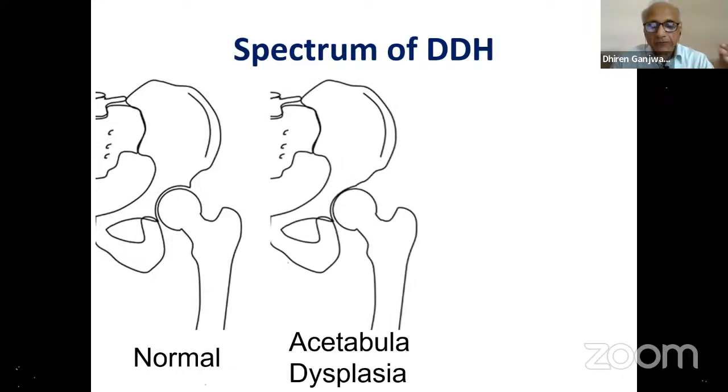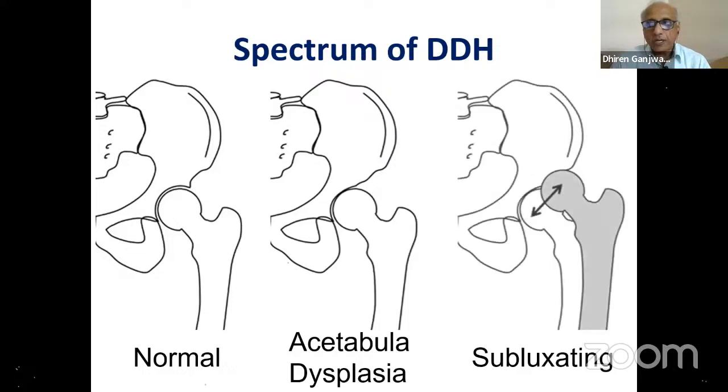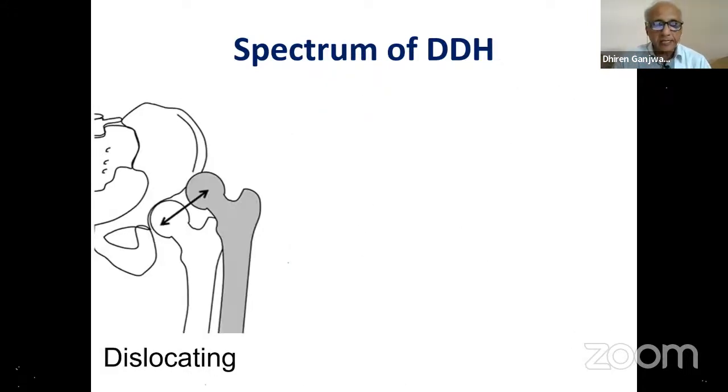The mildest variety has only acetabular dysplasia: the femoral head is in the acetabulum, but the roof of the acetabulum is shallow. Then comes the case where it's subluxatable, meaning it remains in, but sometimes it goes out. So this is called subluxatable or subluxating.